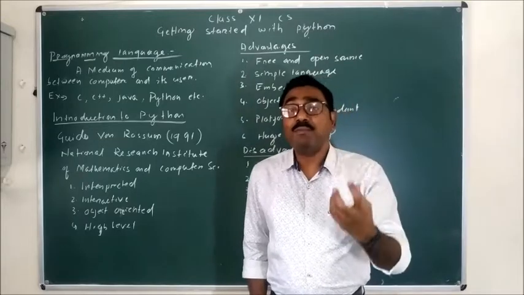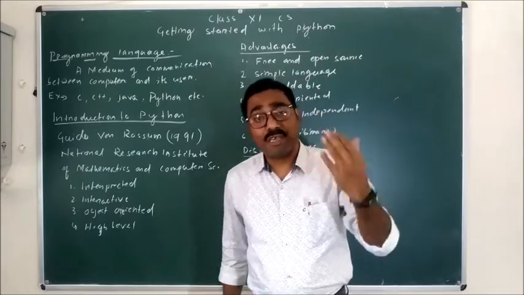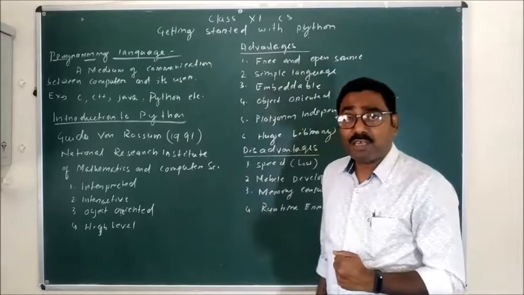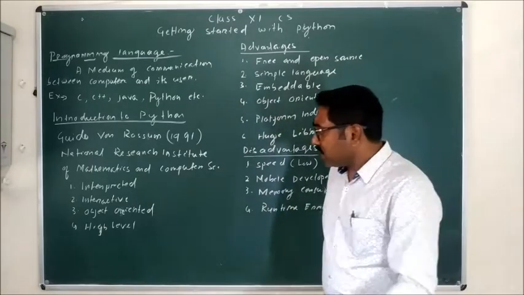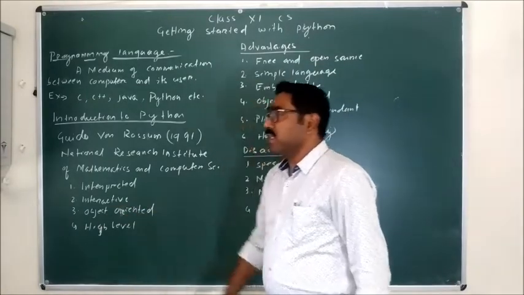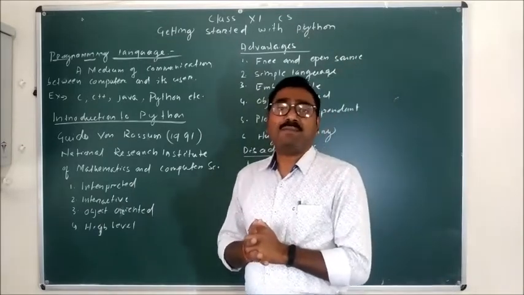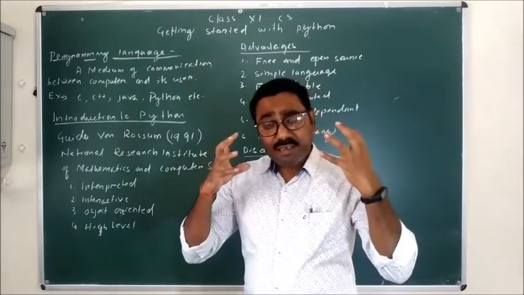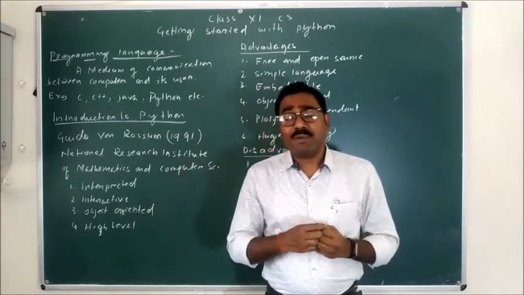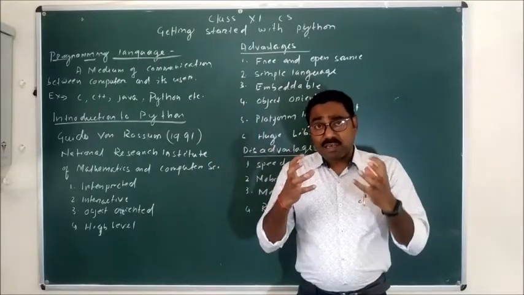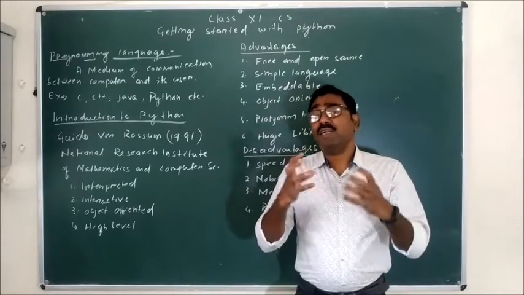That means the same program can be used for different values of data. So this concept is known as the object-oriented concept. Another merit of the object-oriented concept is that in this kind of programming language, the instructions are less important than the data.